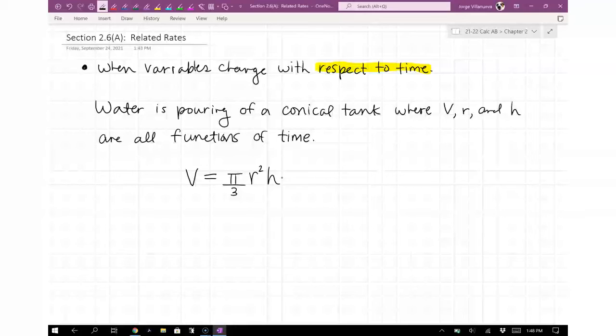Okay? So let's do that. Let's take implicit differentiation of this whole thing with respect to time, with dt on the bottom.